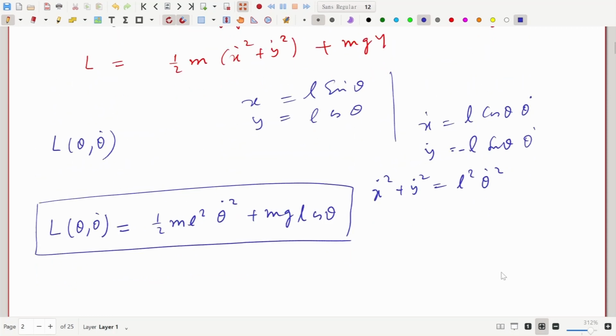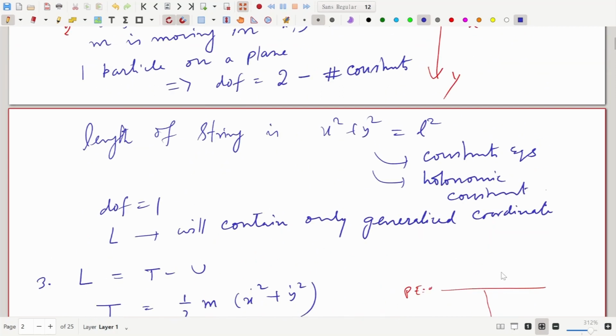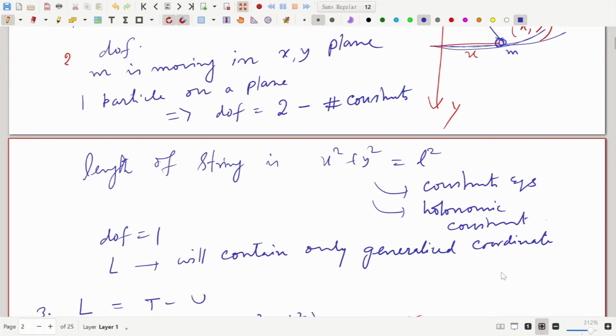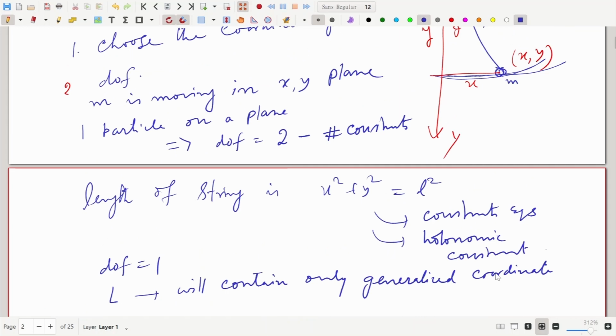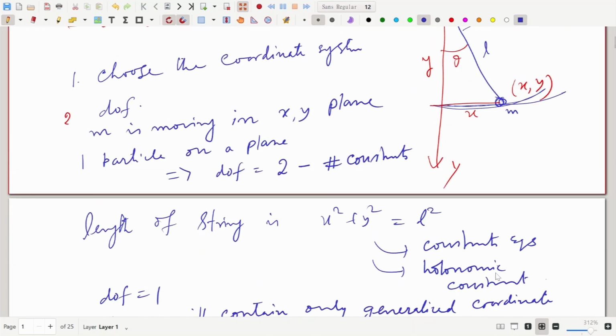Okay. So, let me repeat. We first choose a coordinate system to describe this particular problem, and we define our coordinate axes. Then we find the degrees of freedom. So, you have to find the constraints of the system. Once you find the constraints, you subtract them from the maximum possible degrees of freedom, so you find the actual degrees of freedom, and then you know how many generalized coordinates your final Lagrangian will depend on.